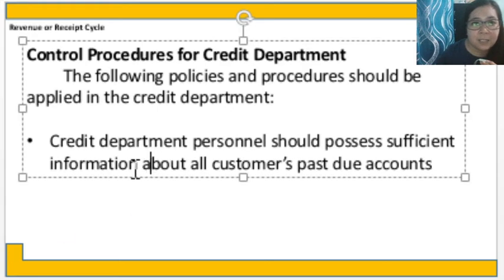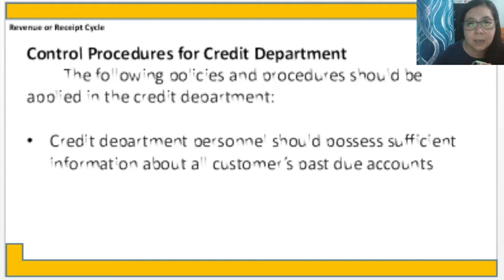Another is the credit department personnel should also possess sufficient information about all customers' past due accounts. Of course, this is to determine any bad debts which are outstanding, and the amount of collectibles from a particular customer.